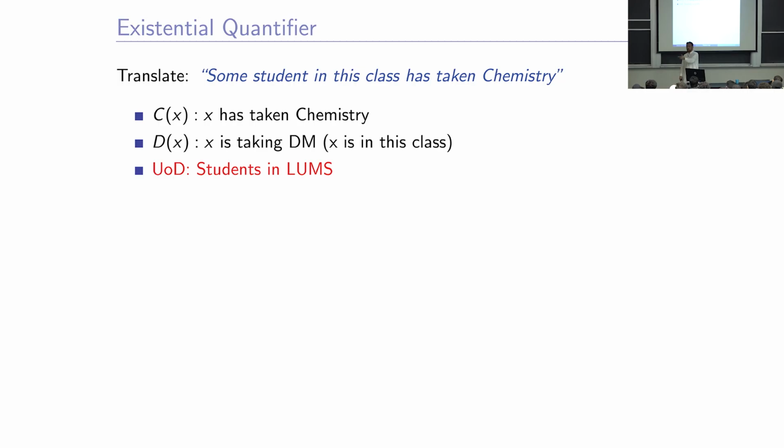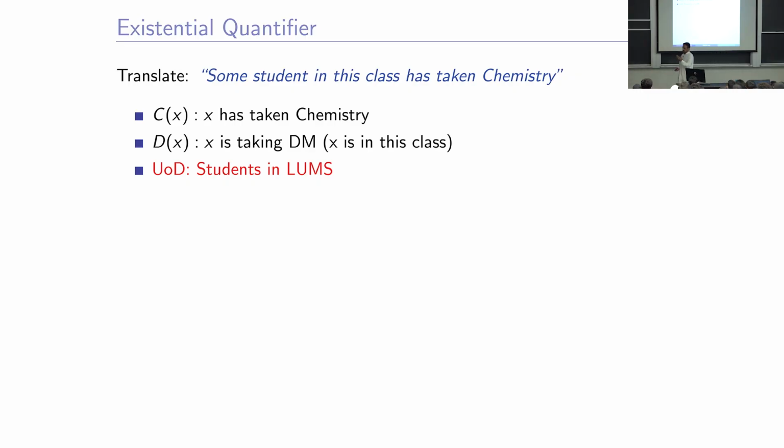Someone is taking. What you said, there exists an x such that if D of x, if the person is taking discrete math, then the person has taken calculus. Okay. Pick some person in business school.